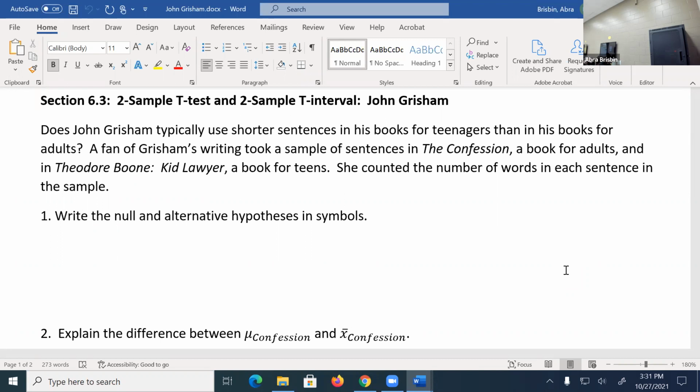What's the sample? This is the population. Are they the same? Yeah. Oh, because we have to check, because it's going to be two samples.